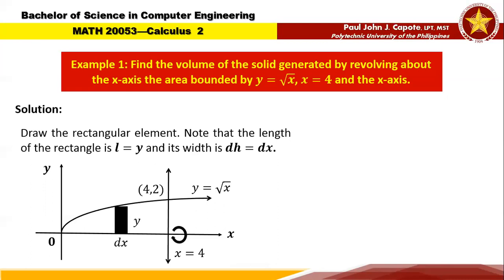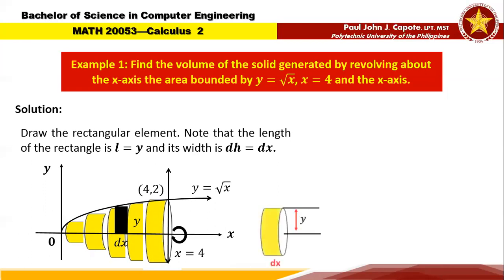If we revolve this bounded area about the x-axis, we can generate n circular disks. Each circular disk has radius y and height dx.